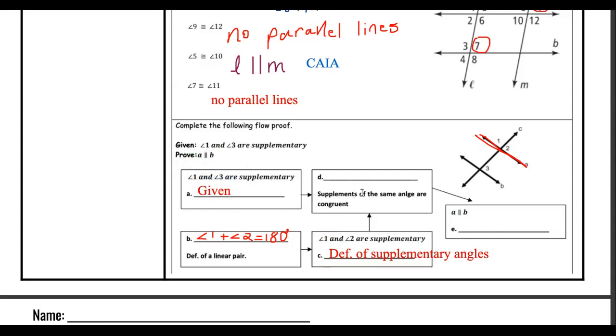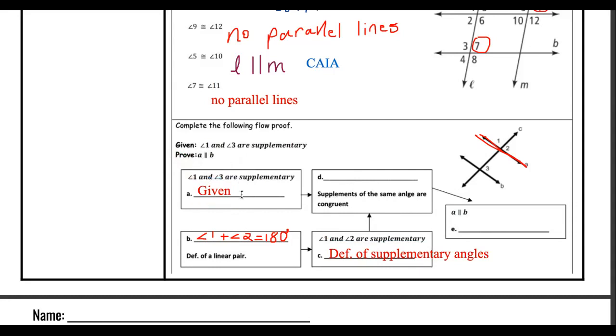Now we're going to go up here. It says we need to give the statement, but the reason is supplements of the same angle are congruent. And let's think about this now. 1 and 3 are supplementary. 1 and 2 are supplementary.